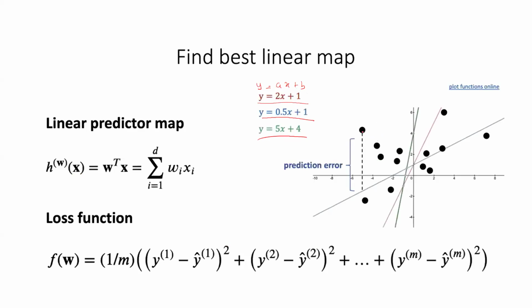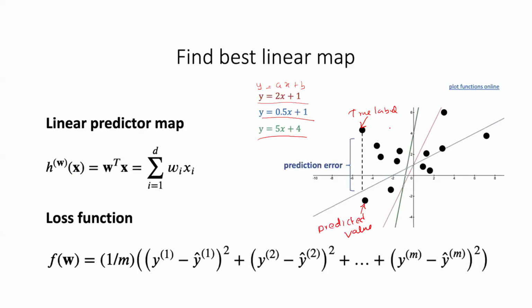Now you can see that for a data point, this is the true label value, which is y equal to 5, and this is the predicted value, which is -2.